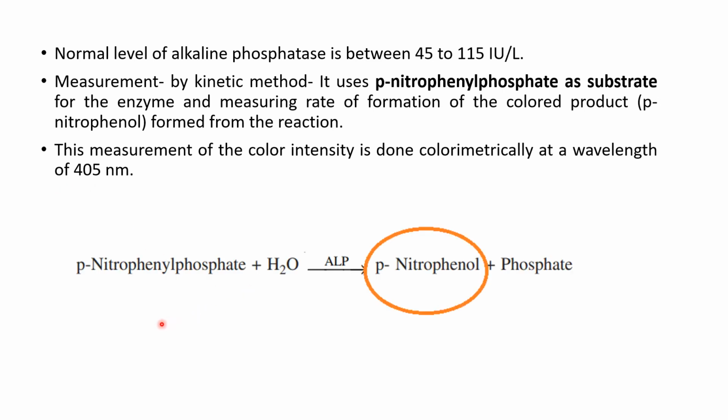So here the para-nitrophenyl phosphate, in the presence of ALP, alkaline phosphatase, and in the presence of water, is converted into para-nitrophenol and phosphate is released. So the increase in intensity of this color is directly proportional to the concentration of the enzyme.